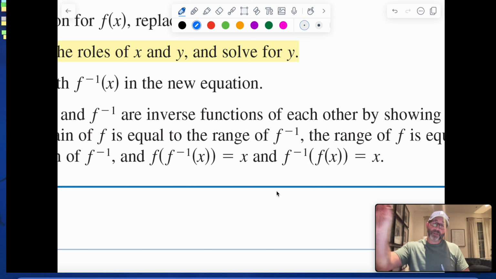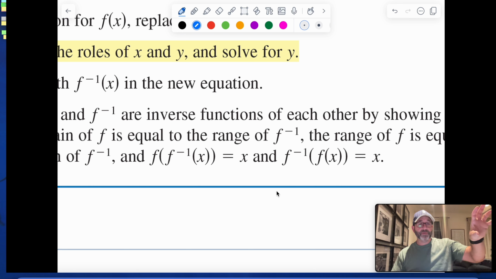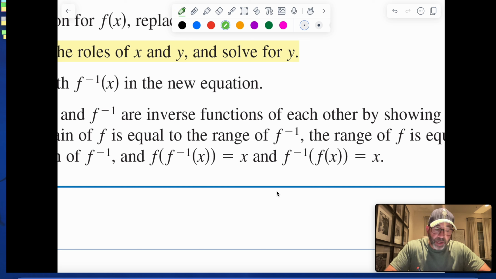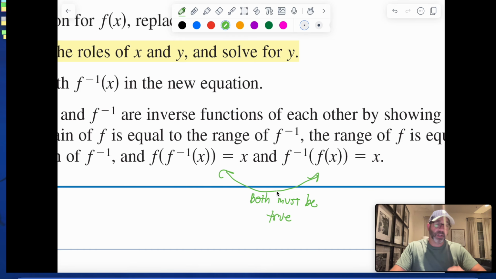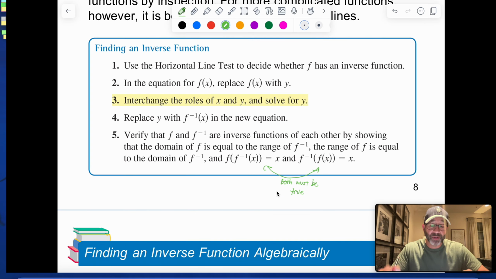And if I take the first function and I put it into the second function and simplify it, it should end up equaling x. So we call this a biconditional, okay? It both must be true. Okay, this is a biconditional statement that one has to be true and the other one also has to be true. So when we're doing this, you have to prove both of them are in fact true.